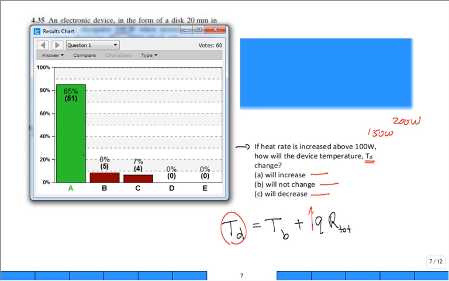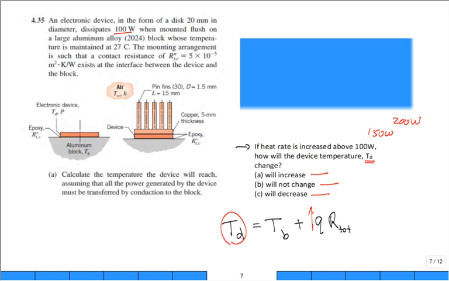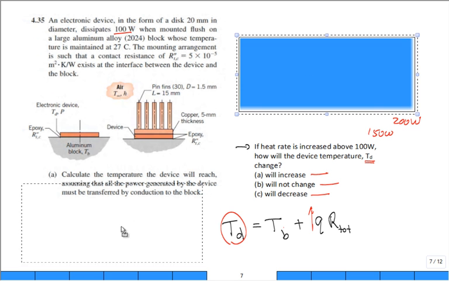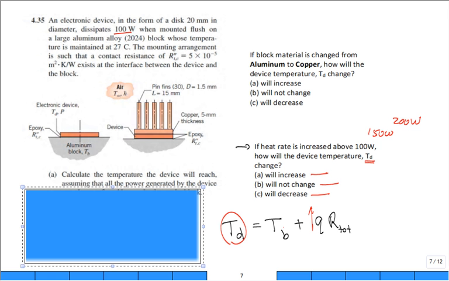I'm not trying to be tricky, but now let's solve another problem. This problem right here. Okay, this one's a little more challenging. If the block material is changed from aluminum to copper, how will the device temperature change? So leave Q alone, the same 100 watts.